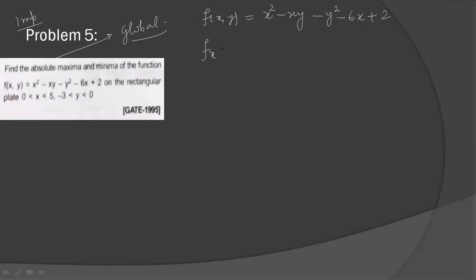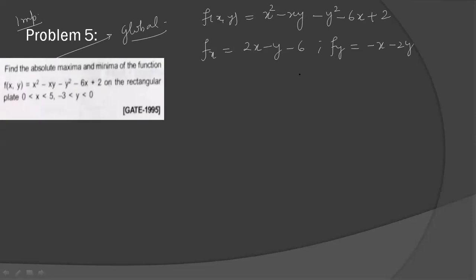Find the absolute. It means now you are interested in global maxima of the function. This is an important question. f(x,y) is equal to x square minus xy minus y square minus 6x plus 2. f_x with respect to x, 2x minus y minus 6. f_y with respect to y, that is minus x minus 2y.